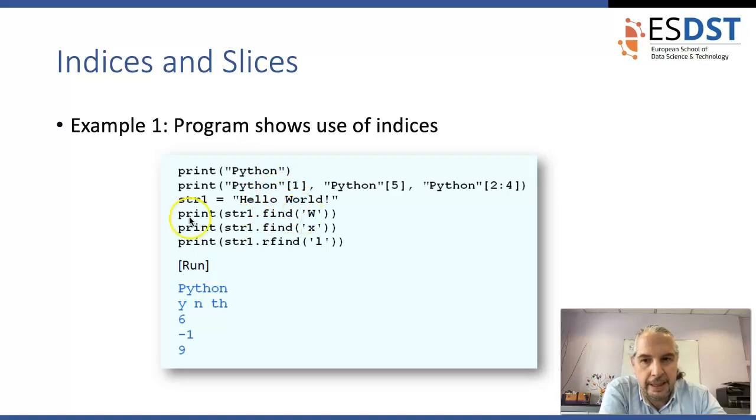And if the character doesn't exist, like X, it will tell me it's not found. And I can use rfind to find it from the right, or reverse find if you like.